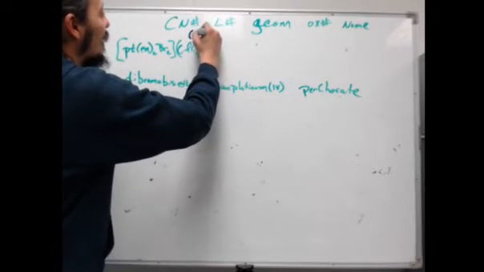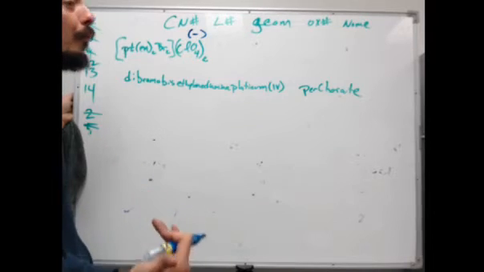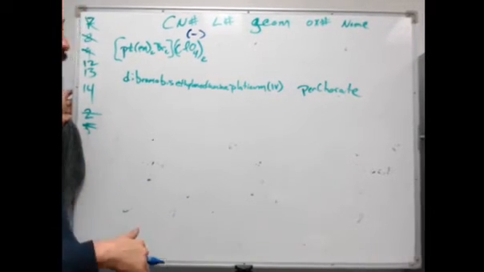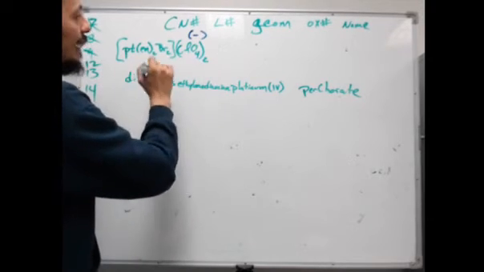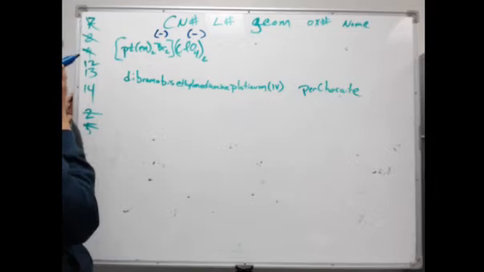So we know that the perchlorate's a -1 anion, or hopefully you remember that. That's again a 127 thing. I told you the first day of class I expect you to remember all of your common ions. So we know that the perchlorate's a -1. We also know that the bromine's a -1 when it's a ligand.